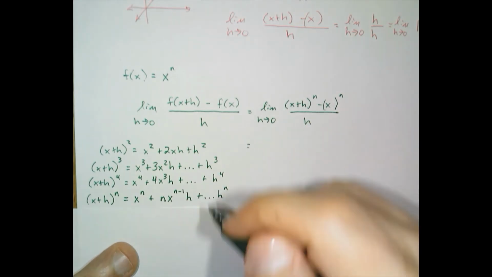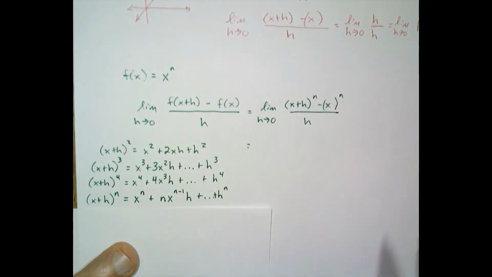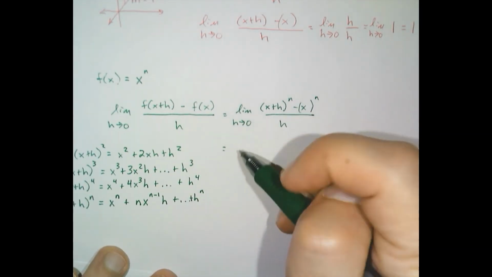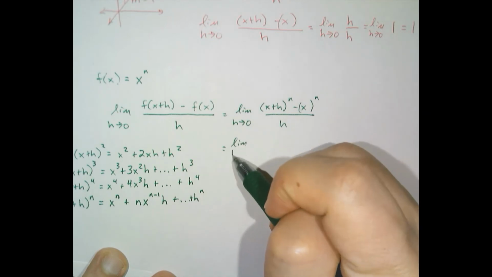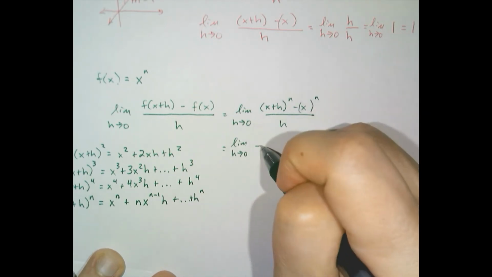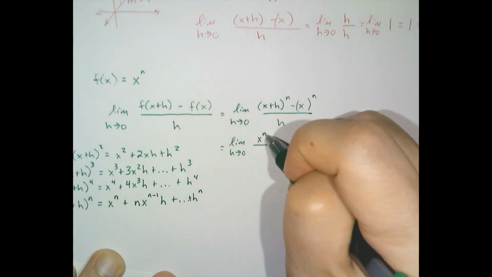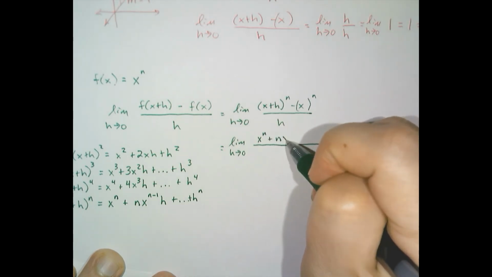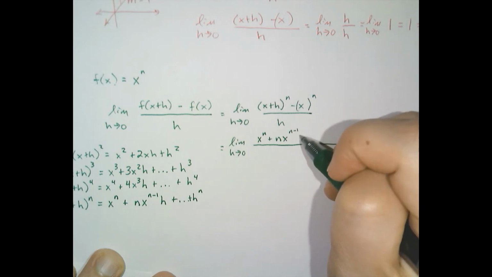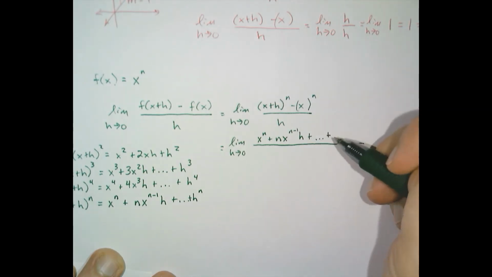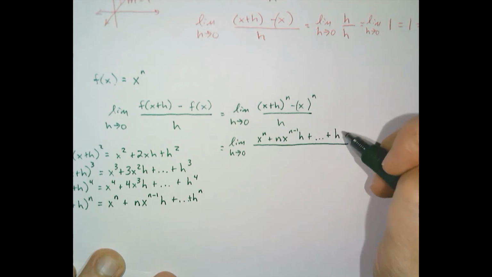And then there's all these things that happen in between. Now, the reason I point that out is because when we expand this polynomial, this expansion here is going to become x to the n plus n x to the n minus 1 h plus a whole bunch more all the way until we get to h to the n.